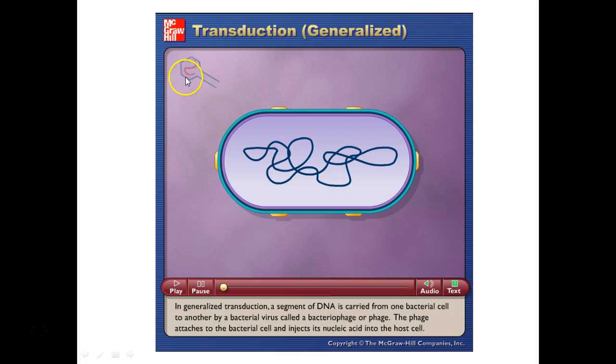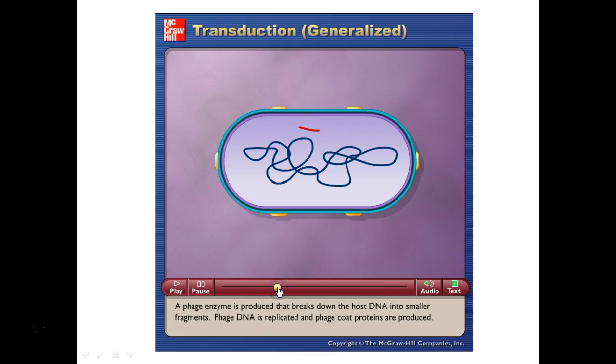It. A bacterial virus. Bacterial viruses are typically referred to as bacterial phage, or just phage for short. These guys are pretty cool. They'll attach to the surface of a bacteria. They'll inject their nucleic acid inside to the bacteria and any enzymes they have in their protein coat.